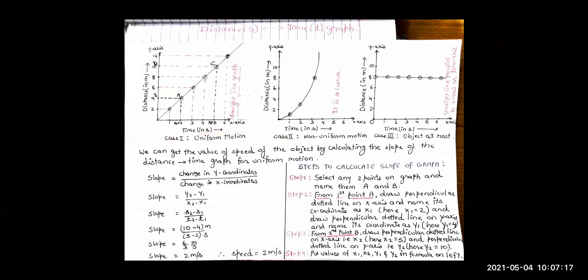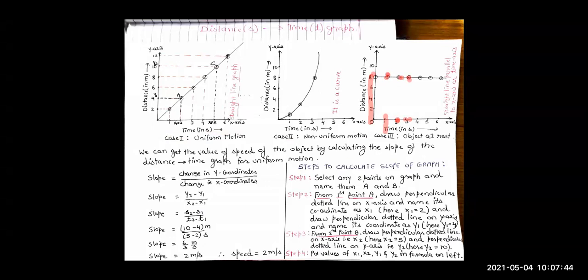Means if the object was at 8 meters away from the origin at time t equals 0, then after time t equals 1 second, again the object is at 8 meters only. At time t equals 2 seconds, again the object is at 8 meters.